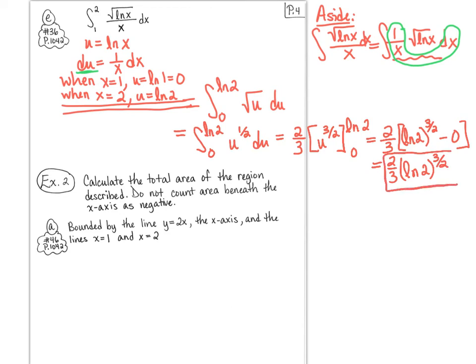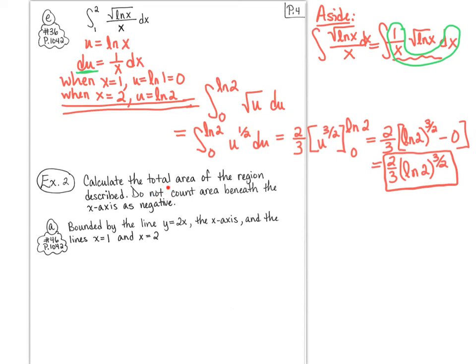This is our final answer. Notice that with definite integrals, again, you don't have to add the c because you're actually substituting in your limits there. Okay?